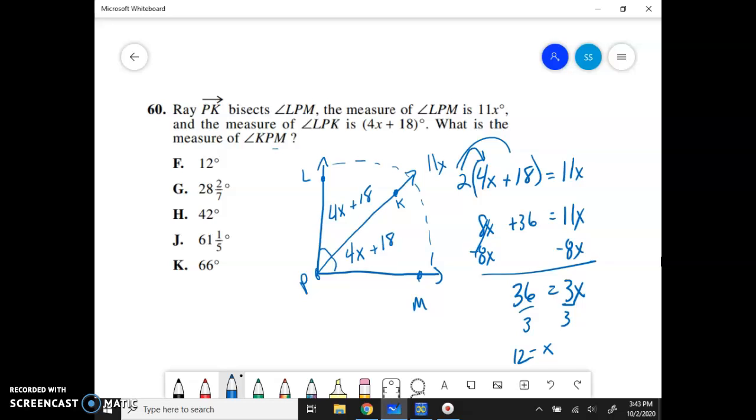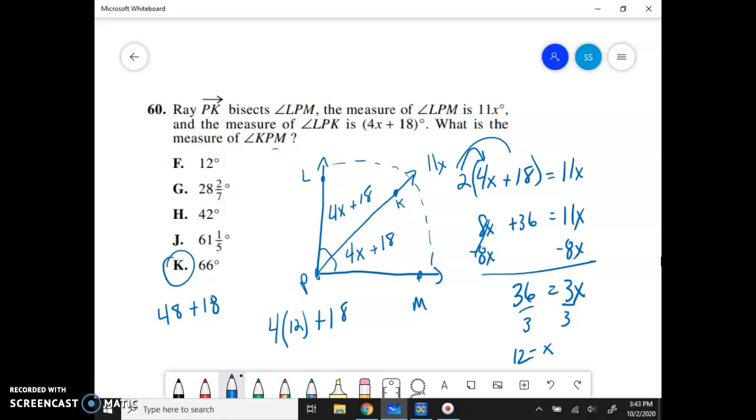So we're just going to plug it back into our formula. We have 4 times x, but we know x is 12, plus 18. 4 times 12 is 48, plus 18 is 66. So it looks like there is your answer.